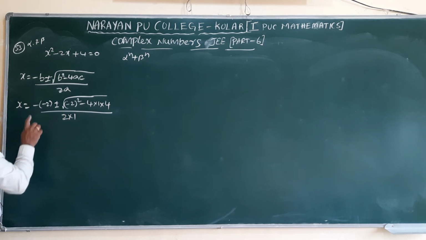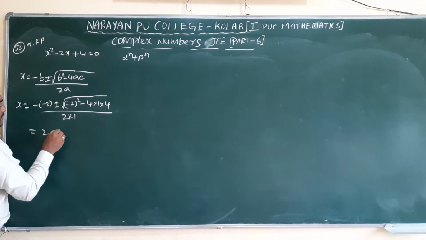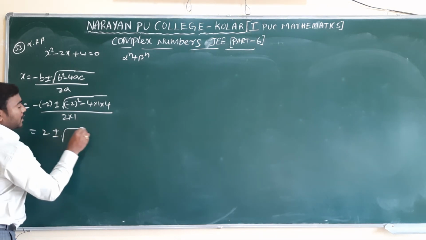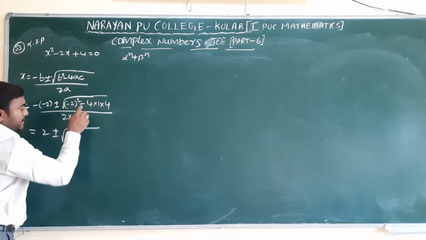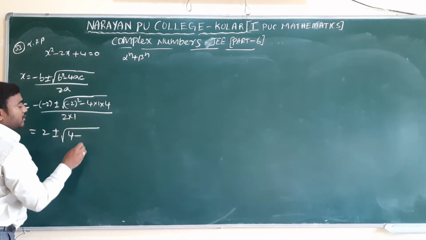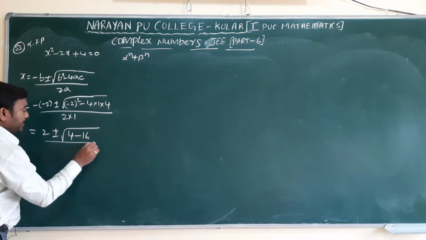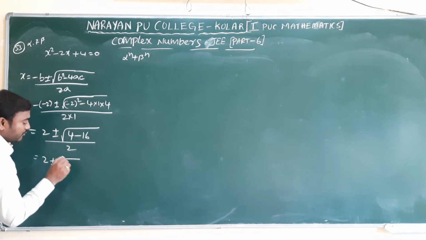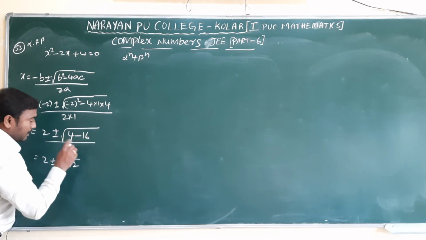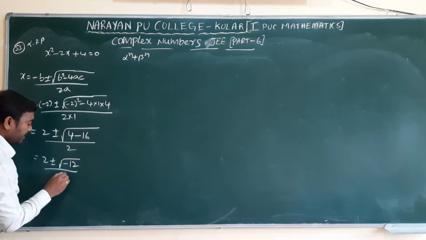So minus 2 into minus 1, we are getting 2 plus or minus square root of minus 2 whole square 4 minus 16, divided by 2. So 2 plus or minus square root of minus 12 divided by 2.